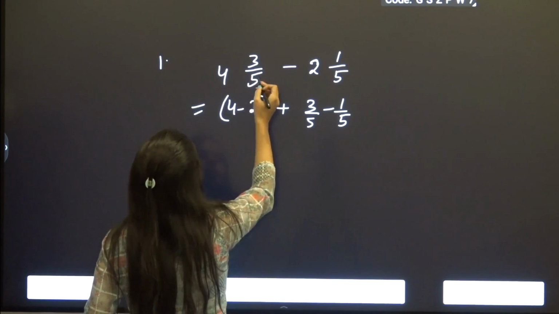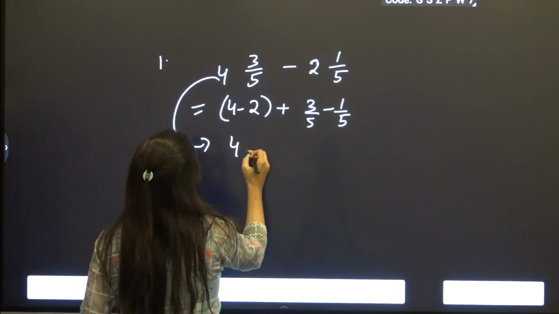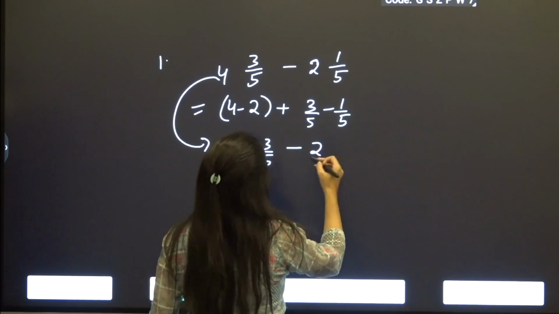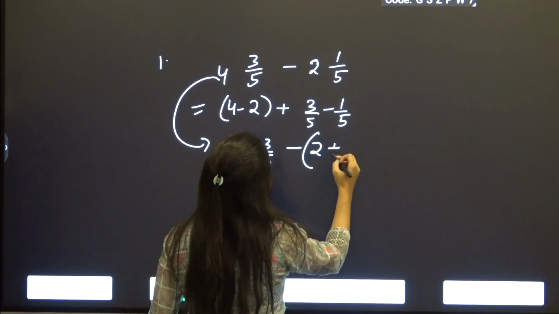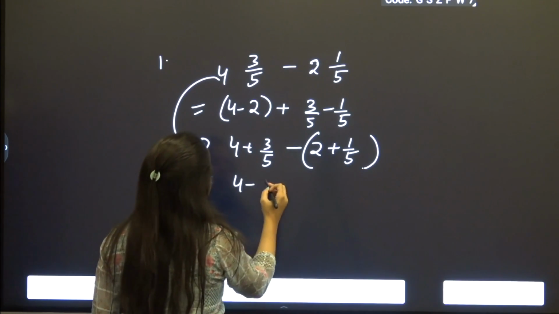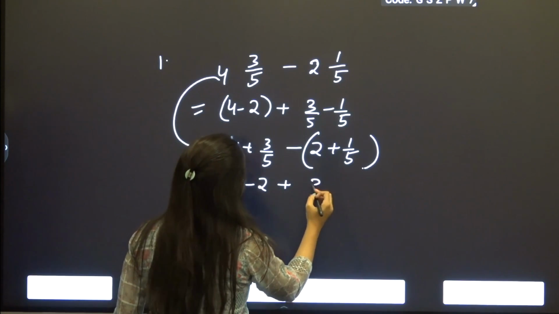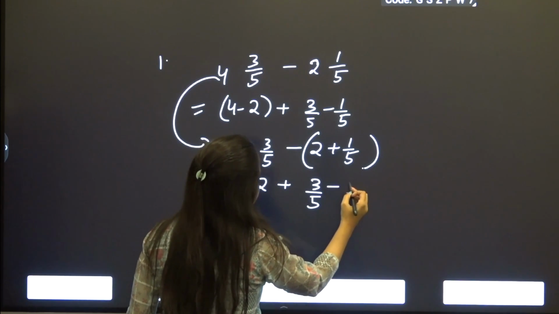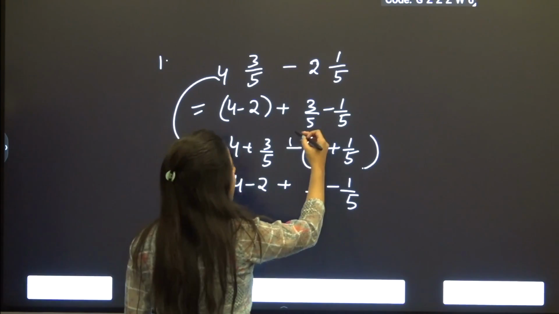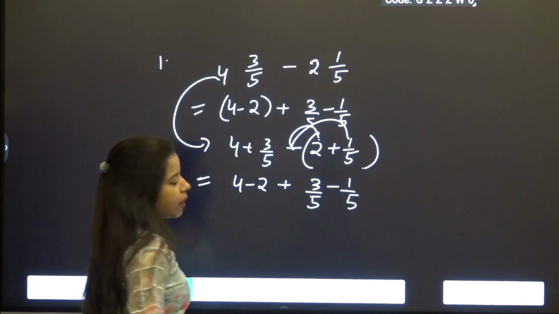Because 4 3 by 5 is 4 plus 3 by 5 minus 2, okay, and that will be plus 1 by 5. So this will become 4 minus 2 plus 3 by 5 minus 1 by 5. Are you getting? Because this will become minus 2 and this will become minus 1 by 5.